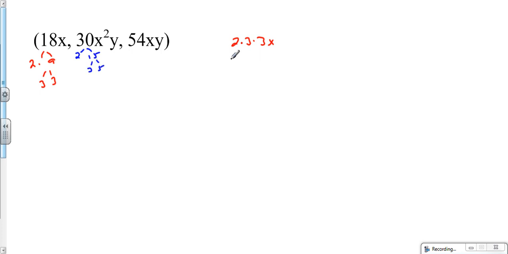So this one's going to be 2 times 3 times 5, X, X and Y. And then this one has 2 and 27, 3 and 9, 3 and 3. So it's going to be 2 times 3 times 3 times 3 times x times y.